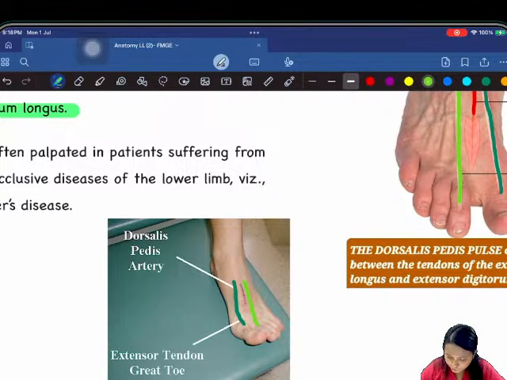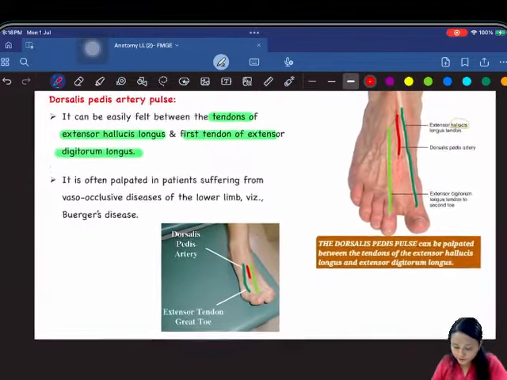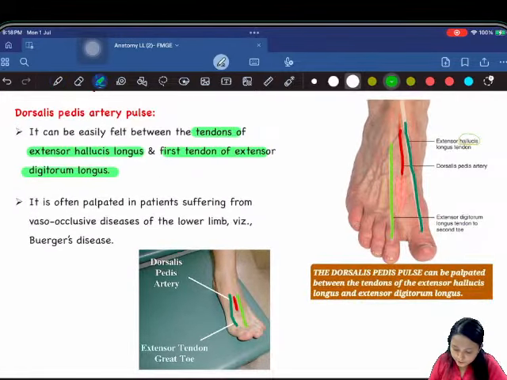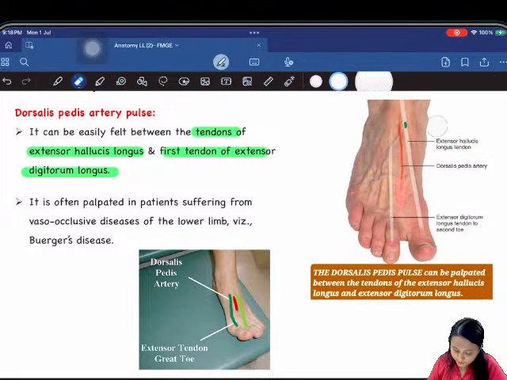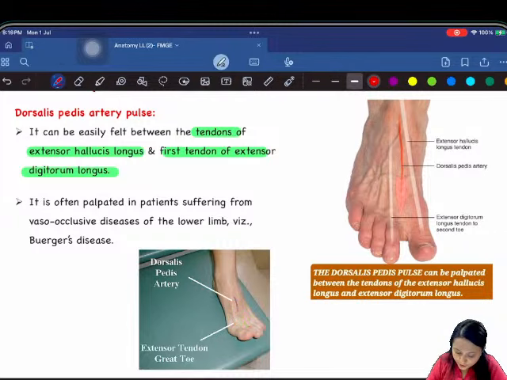Between the two you have the artery, that is the dorsalis pedis artery. Okay? So mostly the question comes on how do you palpate the dorsalis pedis artery. I hope it is clear to you. So you know the two tendons are your extensor hallucis longus and the first tendon of extensor digitorum longus. Okay?